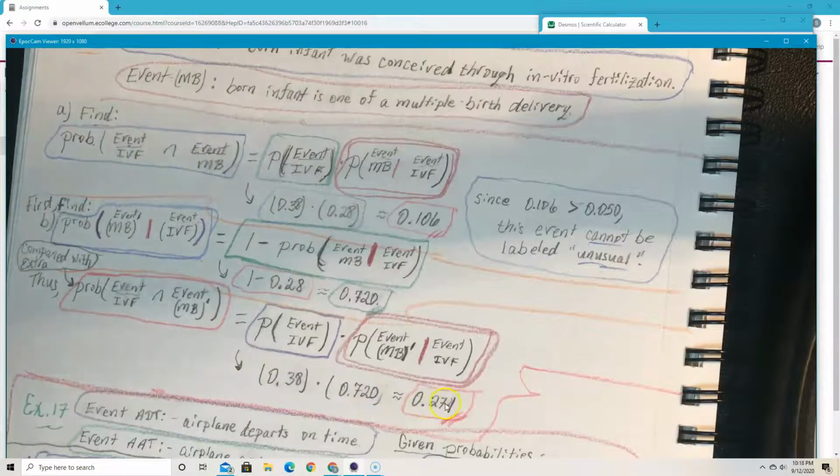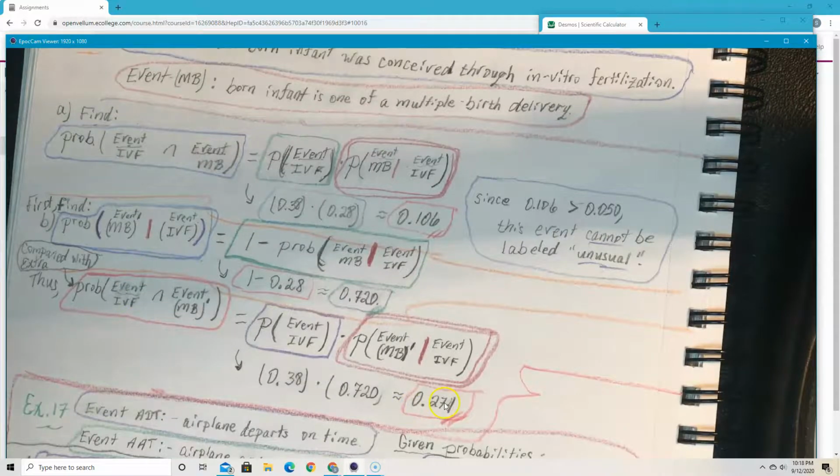And you get 0.274. So even though this and this sound almost the same, this probability is so much smaller, 27.4%, and this one is 72%. Big difference, because this is out of all babies born, period.